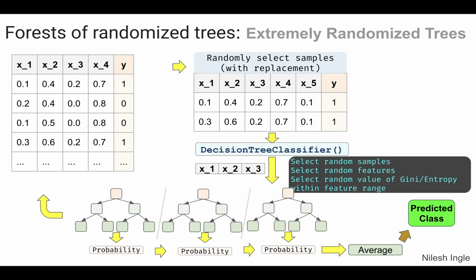Rather, it's a random value between the min and max Gini values for the features available at that time, when that node is being considered for splitting. And so that introduces another site of randomness in the modeling process that could help in generalizing the model and reduce overfitting.